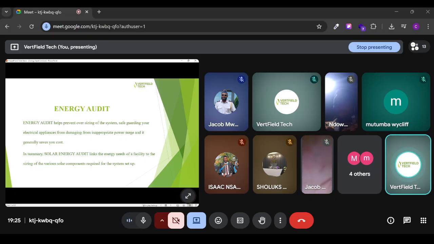These are basically three things that energy audit does for you, not just as a client or as an installer, but even as a professional in this field. So with the knowledge of energy audit, you are putting things together such that oversizing of your system would be taken care of once and for all, and that will save you cost.